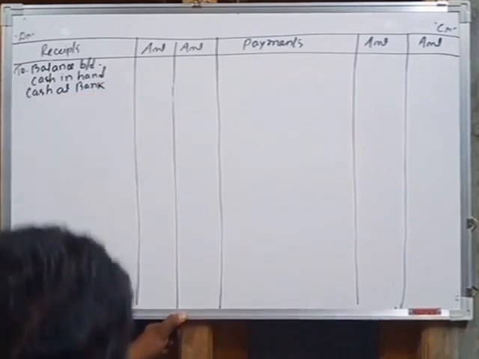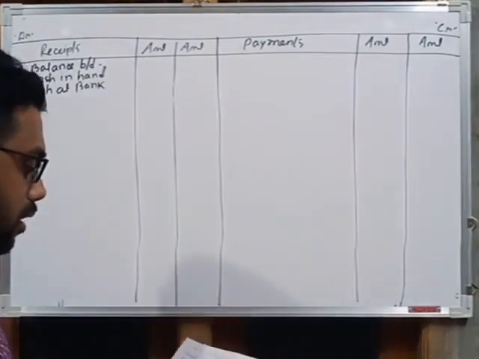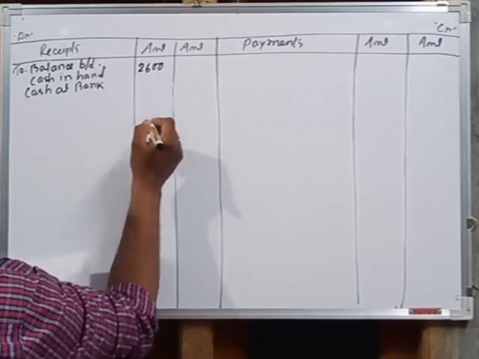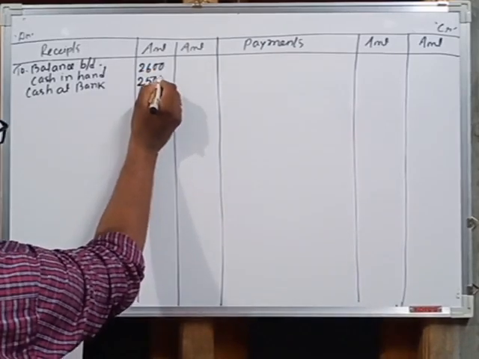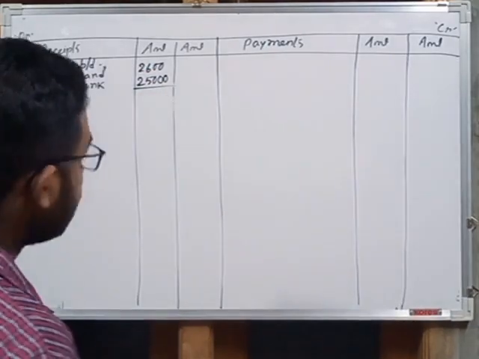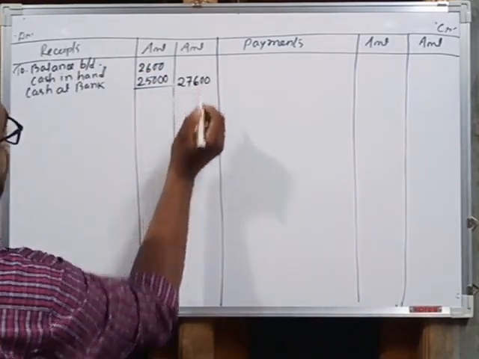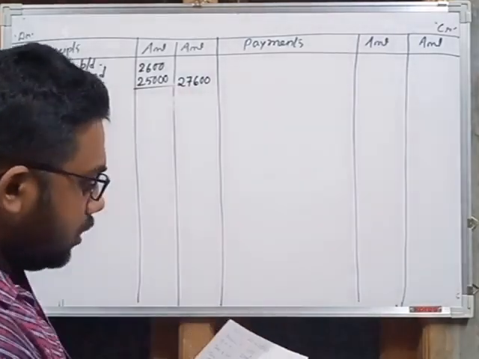What is the amount of cash in hand? Rupees 2600 is cash in hand and 25,000 is cash at bank, and the total is rupees 27,600.